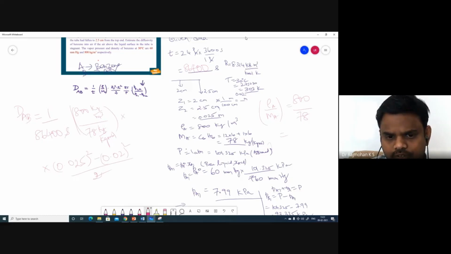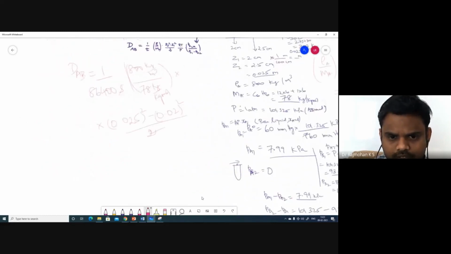RT by Z. Okay, so please write in single line so that will be easier to cancel the units, into RT by P. So R is 8.314 kilopascal meter cube per kilomole Kelvin.